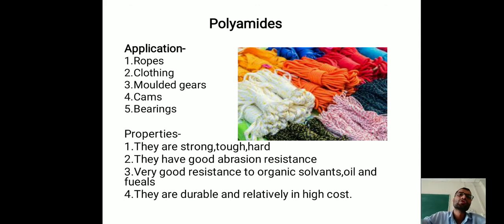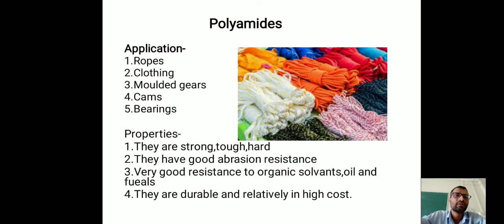Clear? So applications of polyamides: ropes, clothing, clothes are made from these polyamides. Then molded gears, cams, bearings. Then friends, the properties of these polyamides: they are strong, tough and hard.